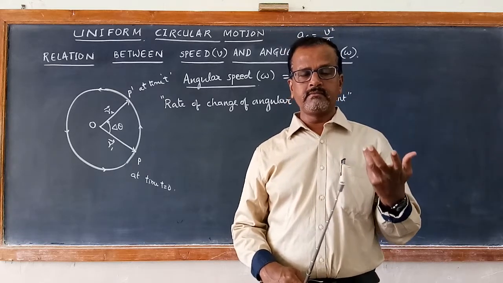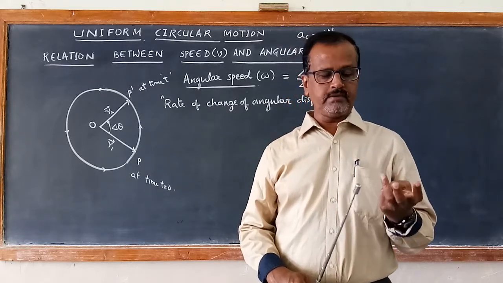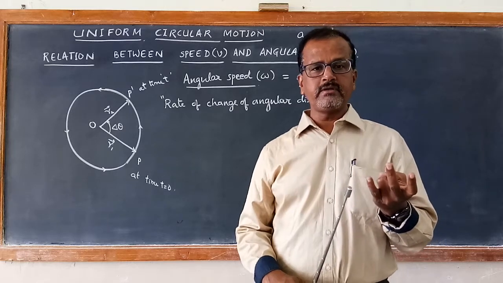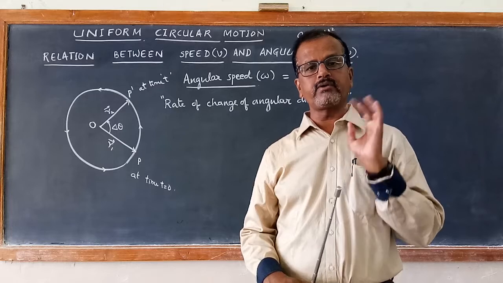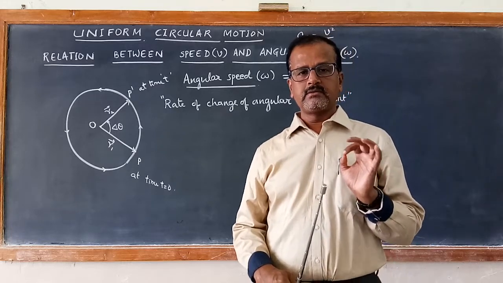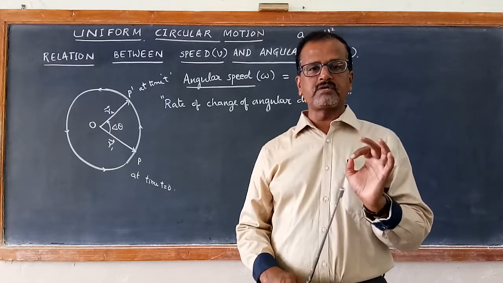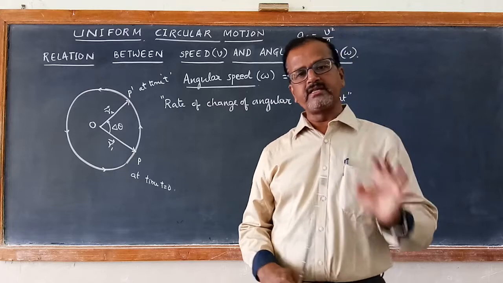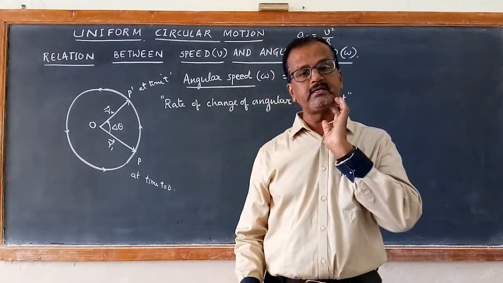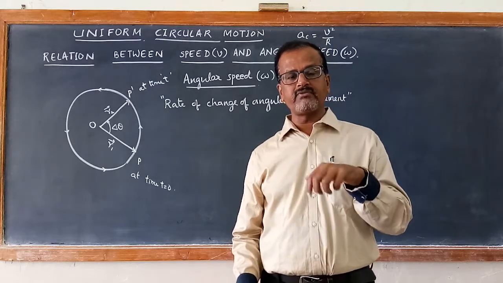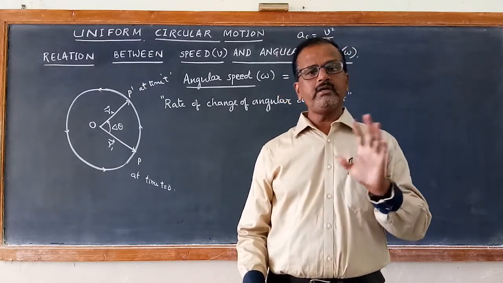After learning the laws of motion, before gravitation, we are learning rotational mechanics, that is, system of particles and rotational motion. In that topic we will learn in detail about angular velocity and its direction.